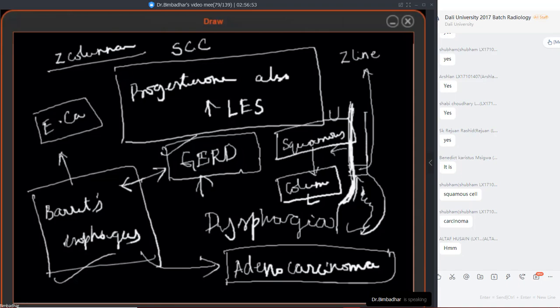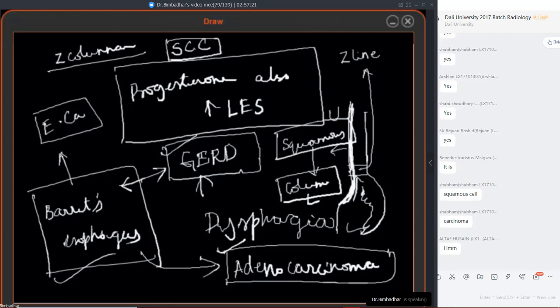When this columnar epithelium is eventually being more and more irritated by the gastric acid, it is forming a neoplastic change. It is forming a dysplasia in it, and that is leading to adenocarcinoma. If it is not involved, it is leading to squamous cell carcinoma. If it is involved, it is causing the adenocarcinoma.